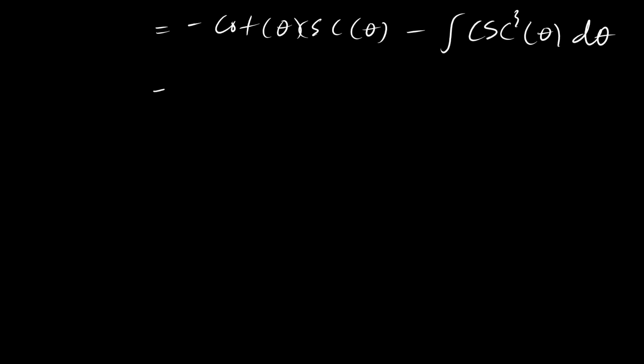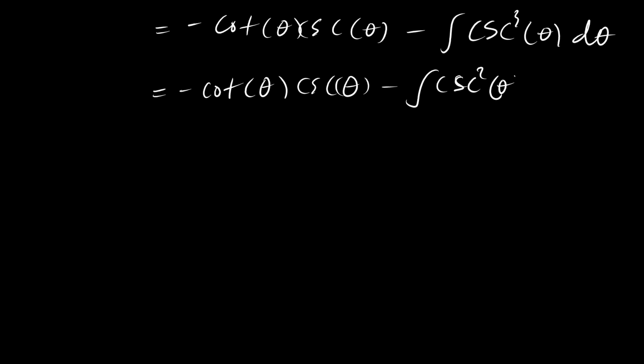And we could re-express things a little bit differently. So we have cosec squared theta, cosec theta, and this part here is the same as cotangent squared theta plus 1.